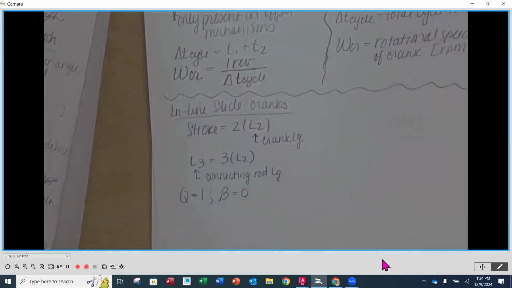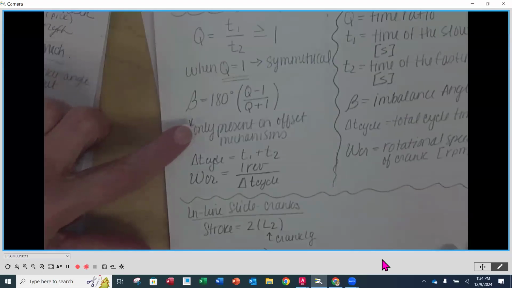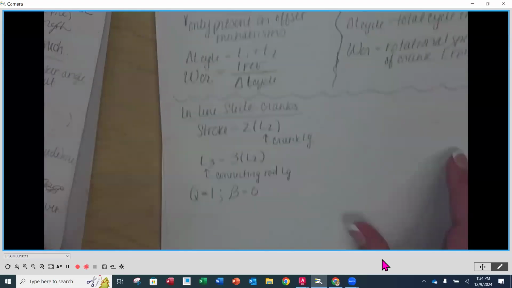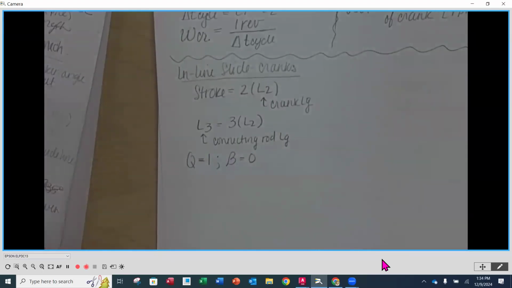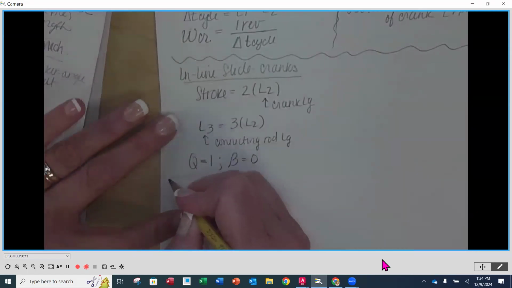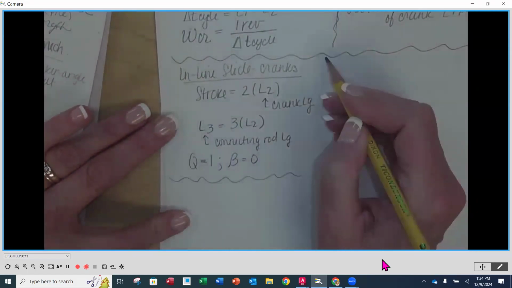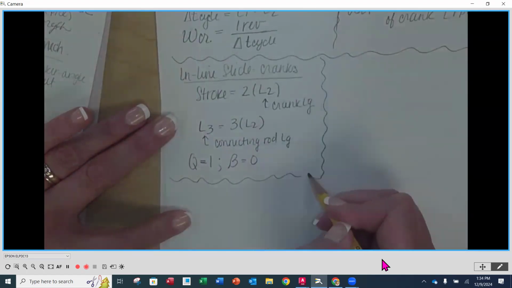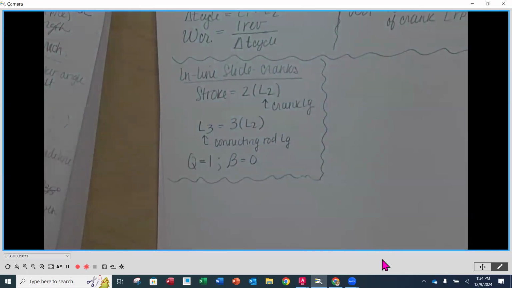Our imbalance angle is going to be equal to 0 because we're not offset. Betas are only going to be present when we have an offset mechanism. We have an inline mechanism, there's no offset. So this is our little inline slider crank section.